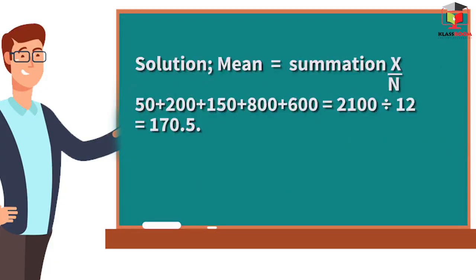Solution. Mean is summation x over n. Hence, we have 50 plus 200 plus 150 plus 800 plus 600. The result will be 2,100 divided by 12, which will give us 175.